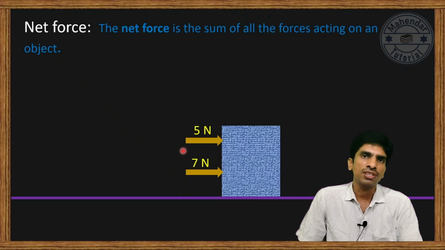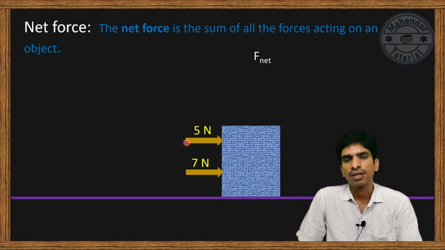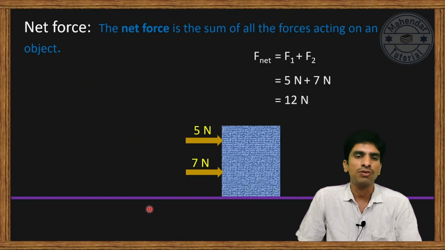Whenever two forces are acting in the same direction, we have to add them. So F net is equal to F1 plus F2. Here F1 is 5 newtons and F2 is 7 newtons. 5 plus 7 newtons is equal to 12 newtons. So a 12 newton force is acting on this object towards the right.